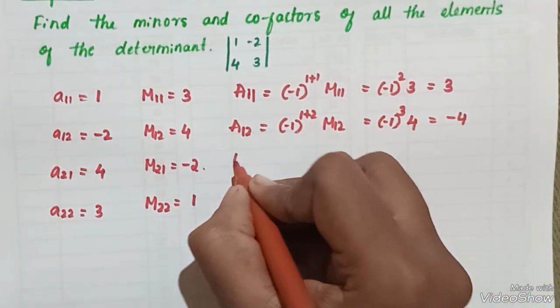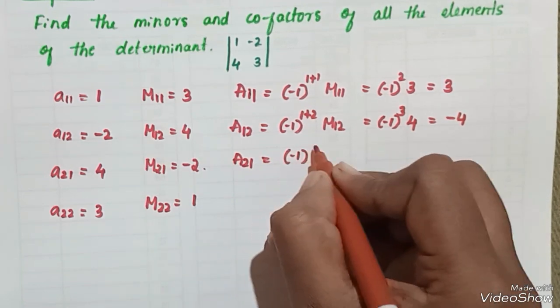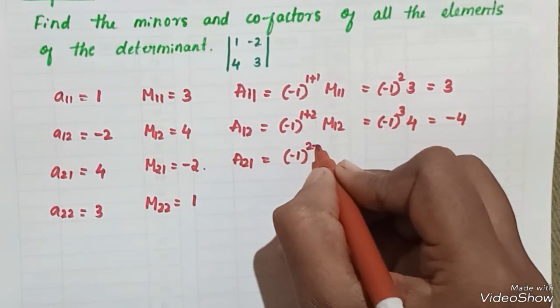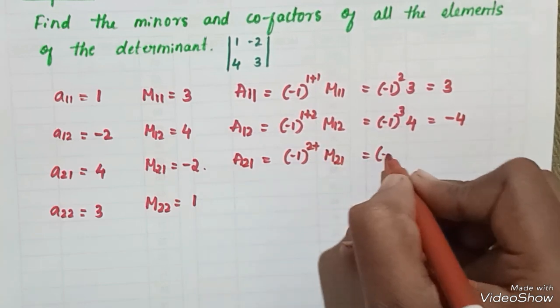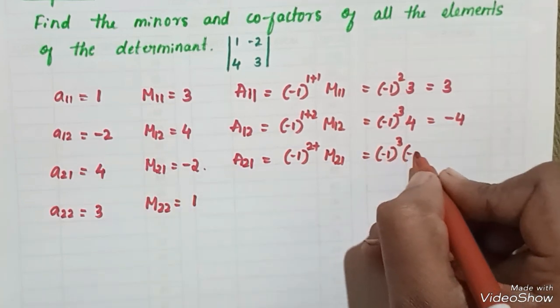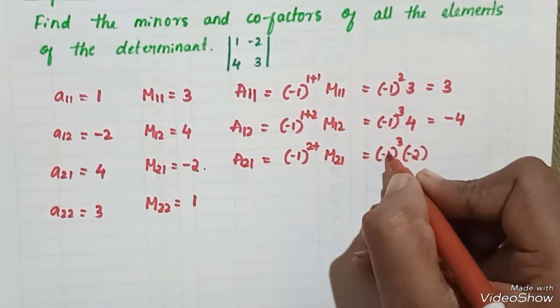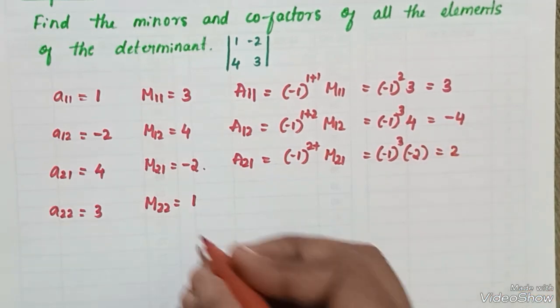A21 is minus 1 to the power 2 plus 1 into M21, that is minus 1 cubed into minus 2, which becomes plus 2.